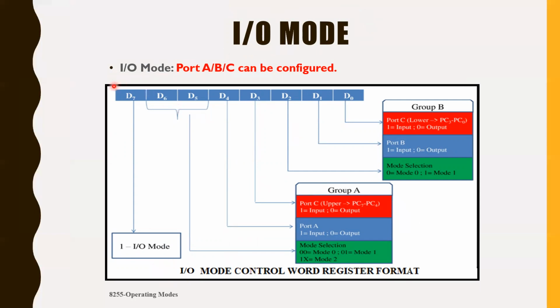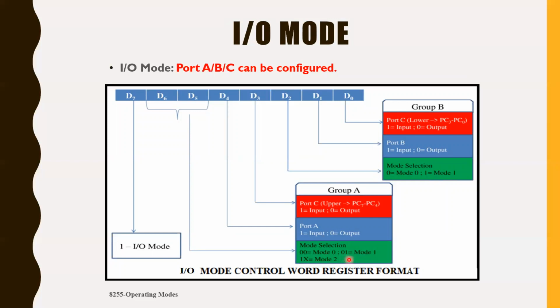As I told you, this is your control word, which is 8 bits, varying from D0 to D7. If the D7 cell contains 1, it indicates that the 8255 is operational under the I/O mode. Now, the next cells, D6 and D5, are used to identify the mode selection for group A. If these two cells contain 0, 0, it means mode 0 will be selected.